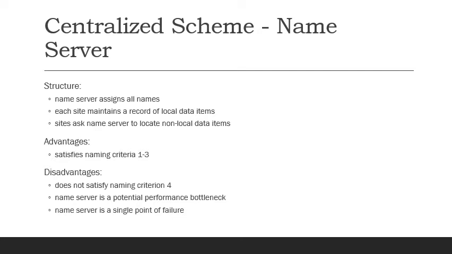First, the name server may become a performance bottleneck when data items are located by their names, resulting in poor performance. Second, if the name server crashes, it may not be possible for any site in the distributed system to continue to run. Thus, it satisfies criteria 1 to 3 but fails the fourth criterion.